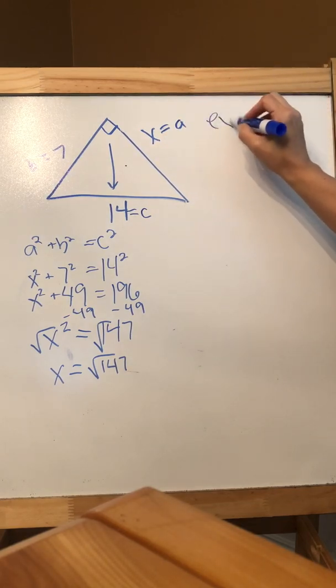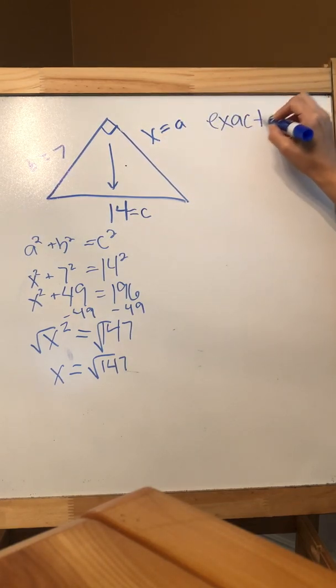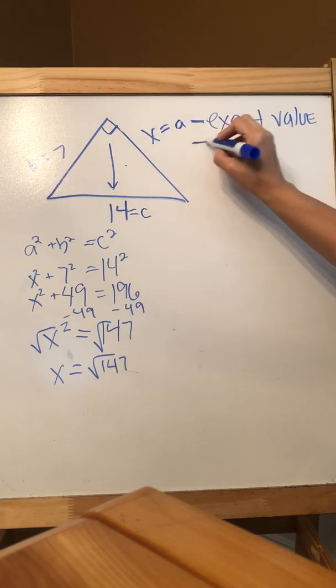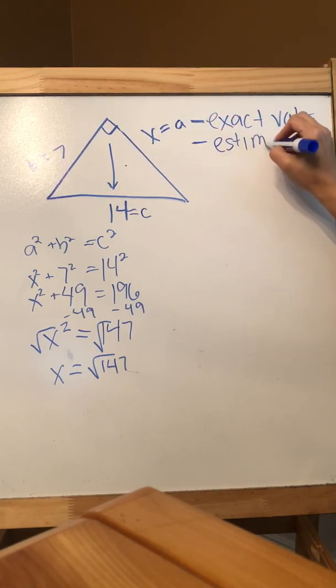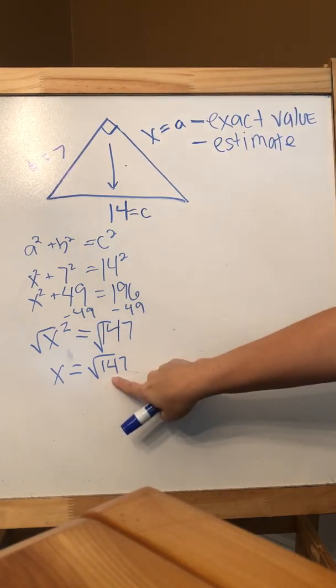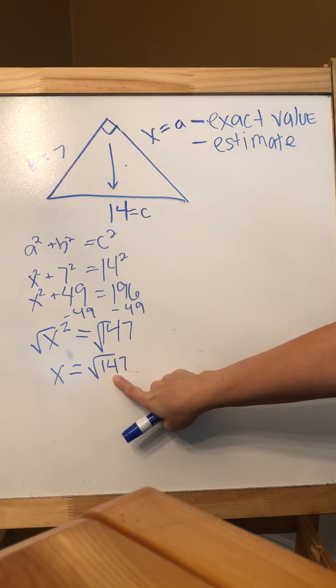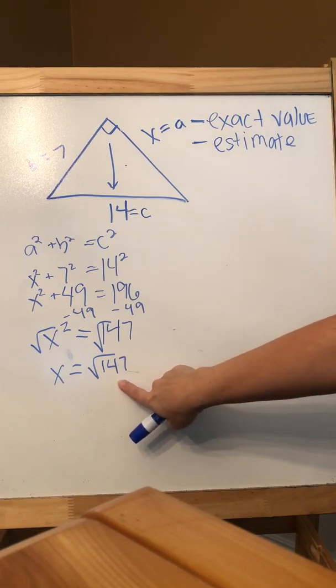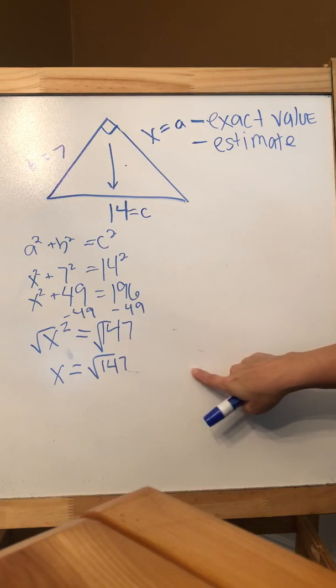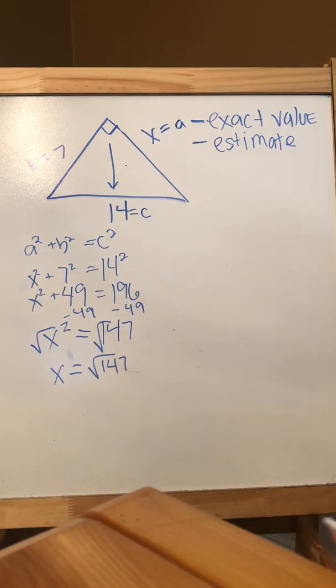So let's see, I'm going to put the 2 options up here. Exact value is 1, and estimate is your other option. If it says estimate, you type the square root of 147 in your calculator, and you're going to get a decimal that goes on for like 9 or 10 places, or it may go on for more.